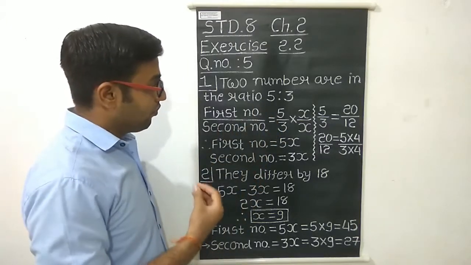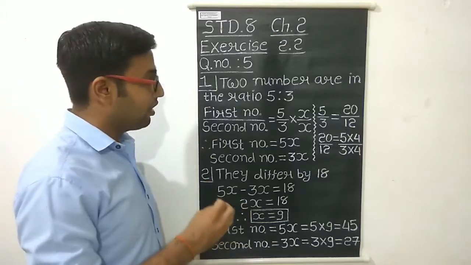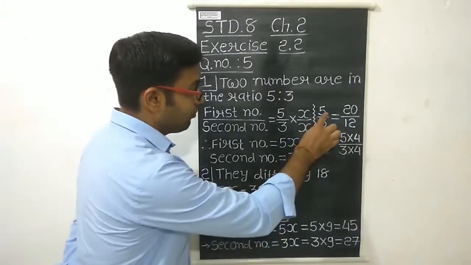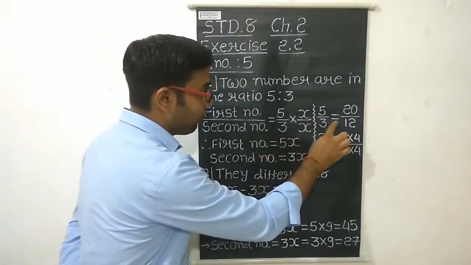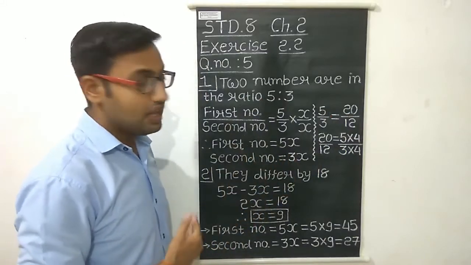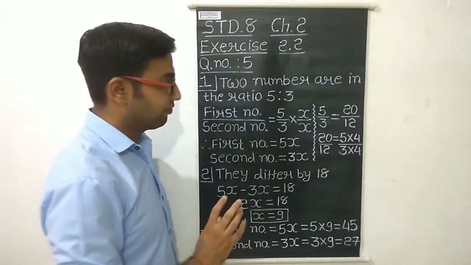But what if they have common factors other than 1? See, one example: 5/3 is equal to 20/12, because they are like fractions. Like fractions means the values of both the fractions are equal.